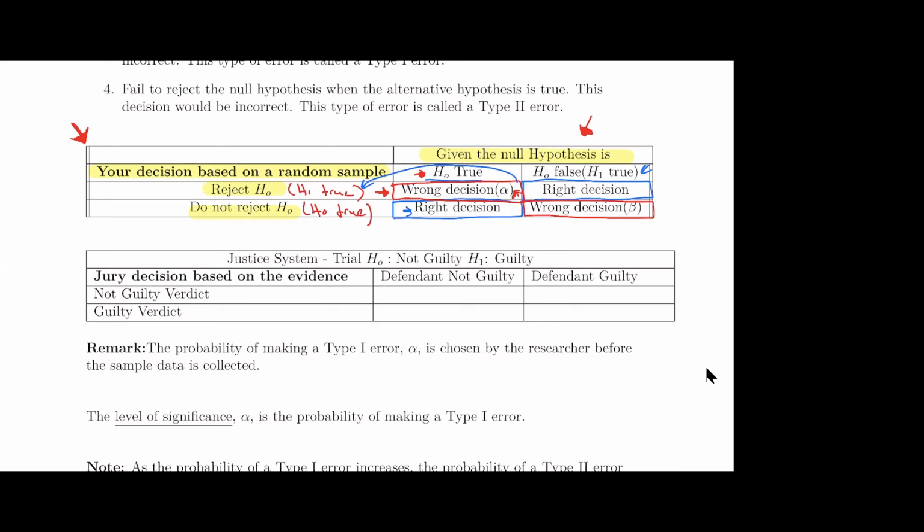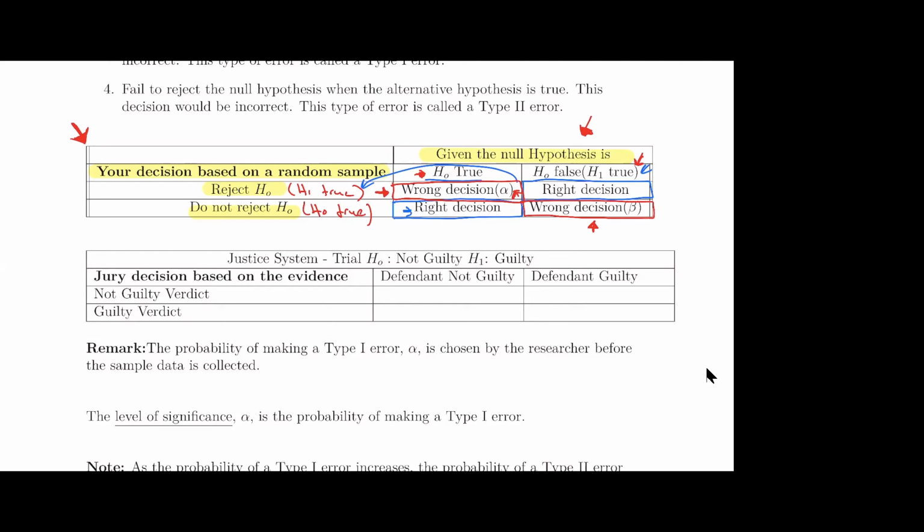Now let's look at the next box over here. The reason this is a wrong decision is that, based off our random sample, we did not reject the null hypothesis. So we said the null hypothesis was true. But if you look at this part right here, it actually turned out that the alternate hypothesis was true.